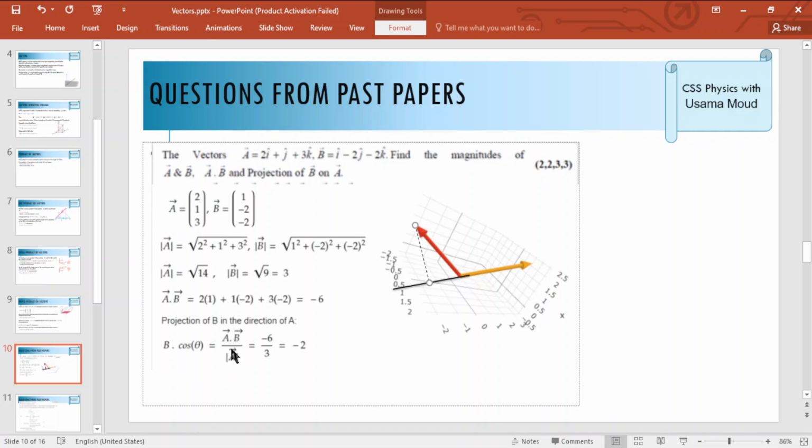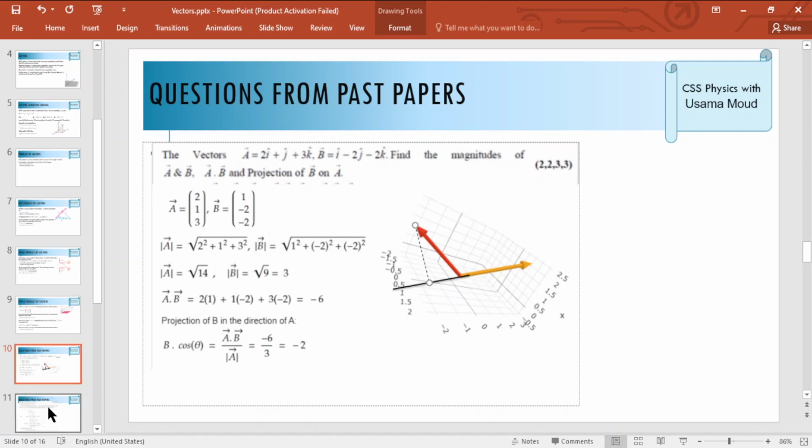So A dot B, which we have found over here, divided by the magnitude of A gives us the component of B in the direction of A, or the projection of B in the direction of A. From the diagram you can see that this component of B is actually opposite to A. That's why there is a negative sign. Or you can say that this angle is greater than 90 degrees, so the cos would be negative.